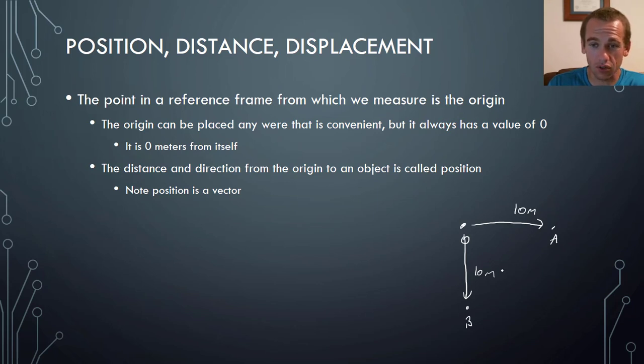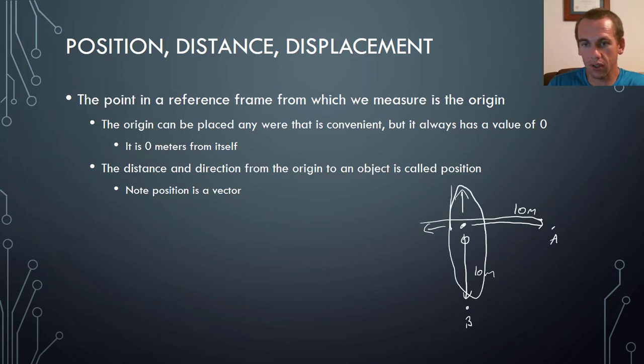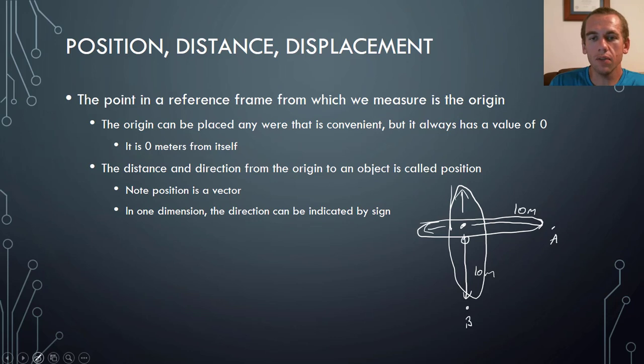Now this is two-dimensional since I have motion left and right and up and down. For now we could look at motion up and down, or we could look at motion left and right. We're not going to combine those two yet. We will eventually. In one dimension, the direction can be indicated by sign, and that's because we could say to the right is positive and to the left is negative.